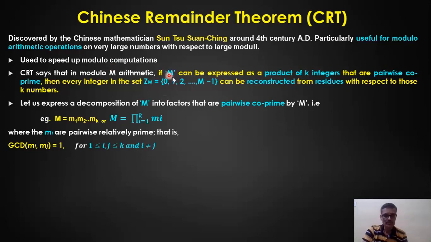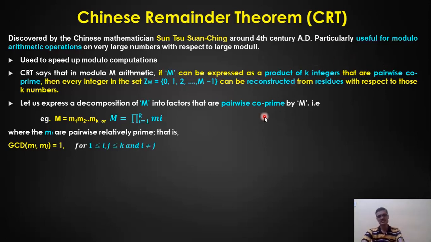If that m can be expressed as a product of, say, k integers that are pairwise co-prime to each other, then every integer in the set Zm, which consists of all the elements from 0 to m minus 1, we can reconstruct from the residues with respect to those k co-prime numbers used to represent m as a product.